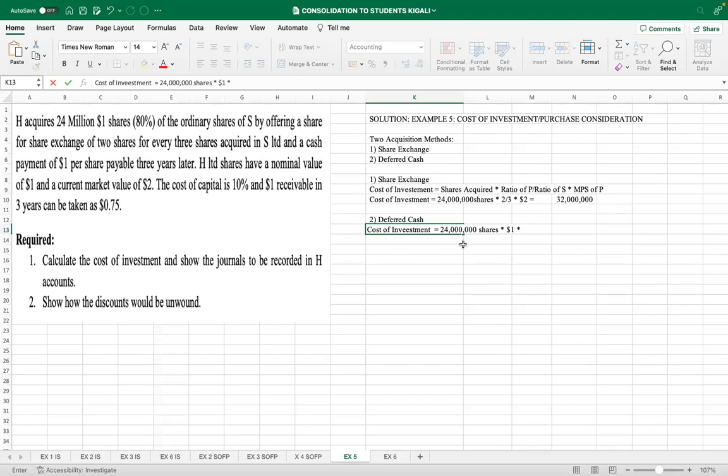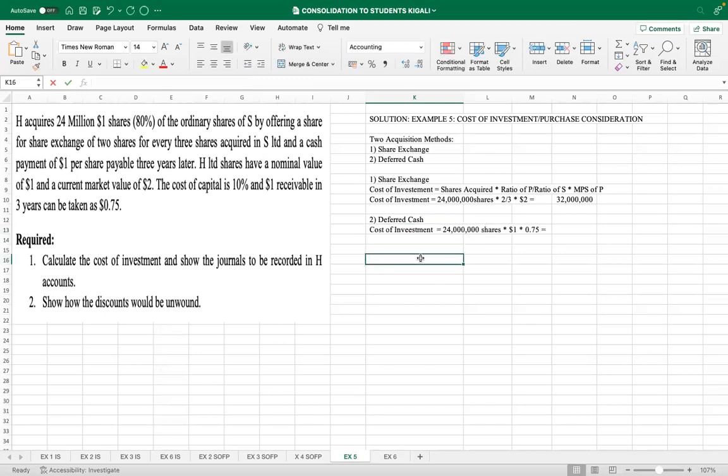The discounting rate is 1 divided by (1 plus R) raised to power N, but here we have been told to use 0.75. So I'm using what you have been told.